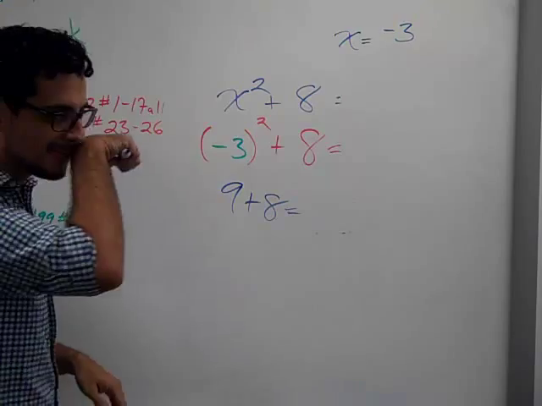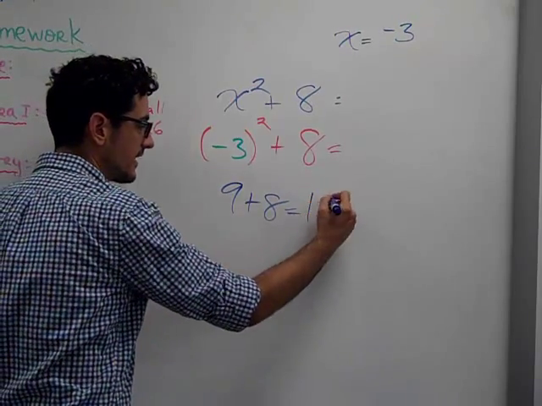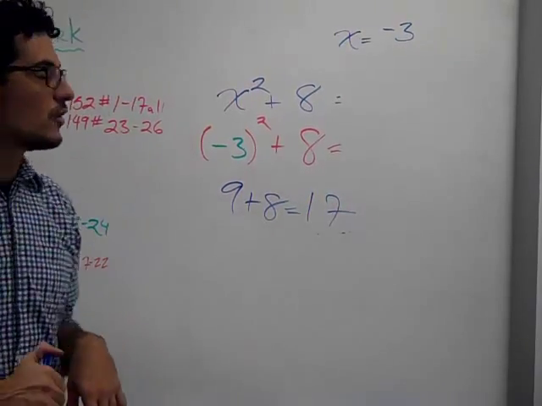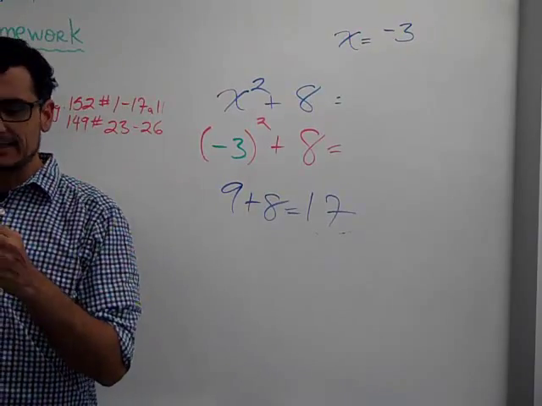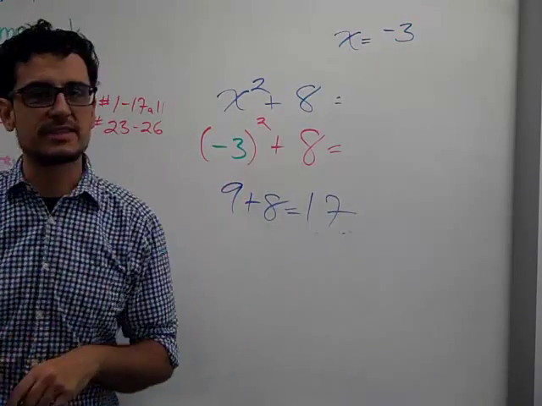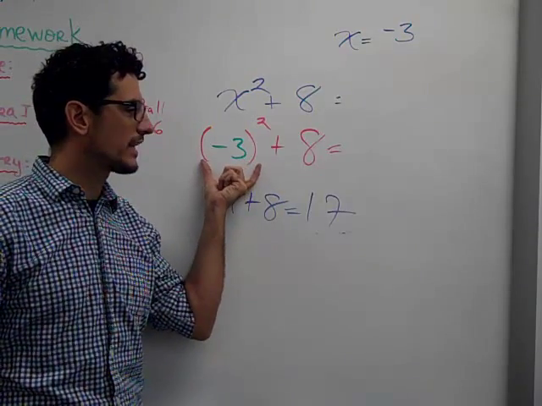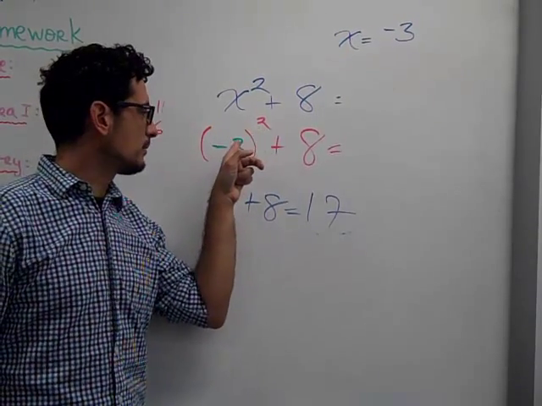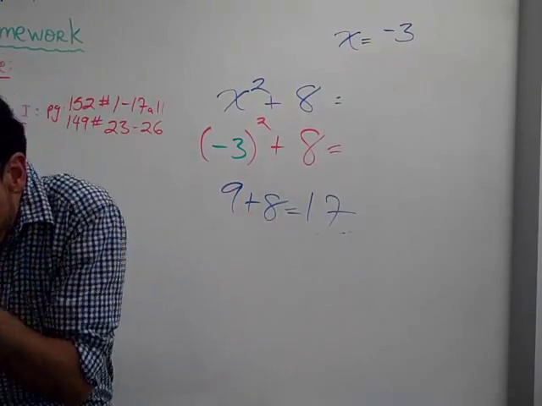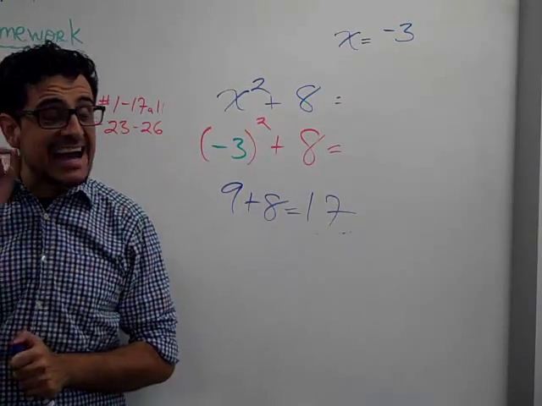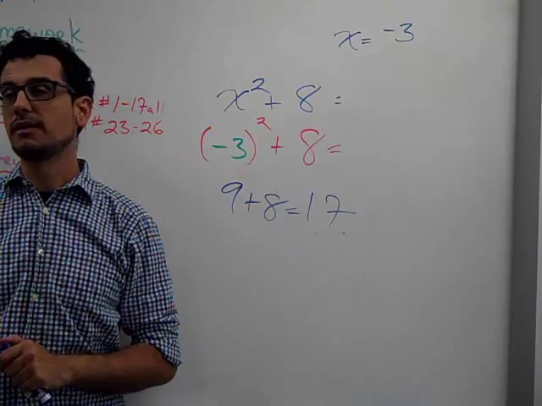The answer is 17. That is correct. So notice why I apply the parentheses here. It allows me to recognize that the exponent applies to both the 3 and the negative.